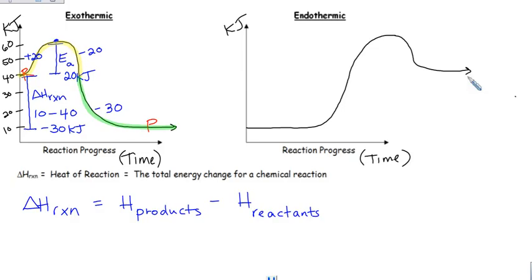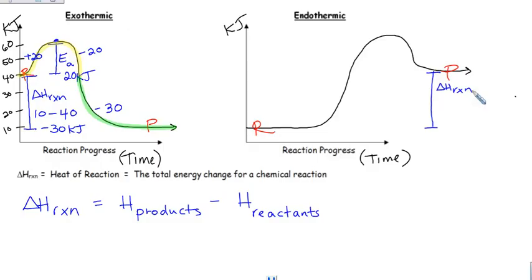Okay, so we're going to label the reactants and the products. Reactants at the beginning, products at the end. In an endothermic change, the products have gained energy, so they should be up at a higher energy level. The heat of reaction is still the difference between the reactants and the products. Delta H reaction.